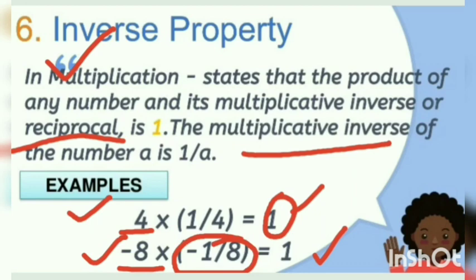If the given number's sign is plus, then its additive inverse will be minus of that number. If the given number's sign is minus, then its additive inverse will be plus of the given number. And in the case of multiplication, we have to take the reciprocal of the numbers.